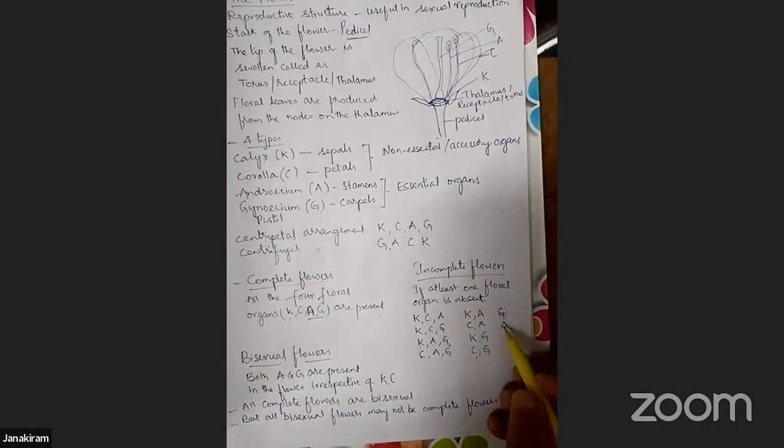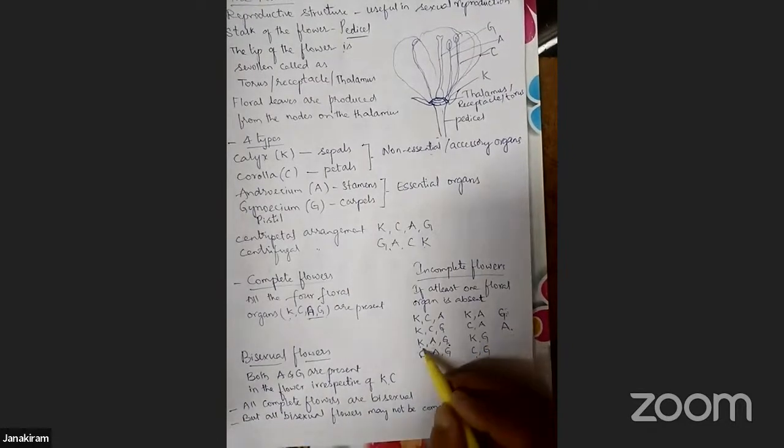So let us take one example here. If you take a flower with this combination, that is the flower contains calyx, androecium, and gynoecium, androecium and gynoecium are present. So we consider it a bisexual flower, but it is an incomplete flower. Why is it incomplete? Only calyx is present and corolla is absent. And if you take this combination, this flower contains corolla, androecium, and gynoecium.